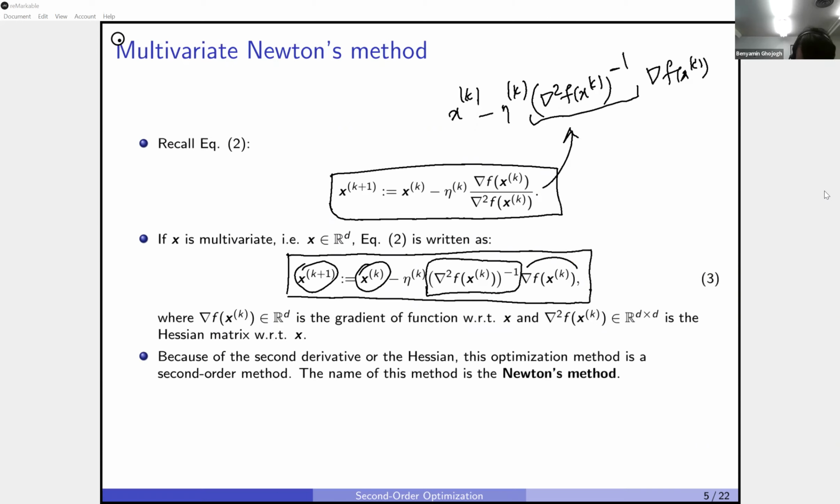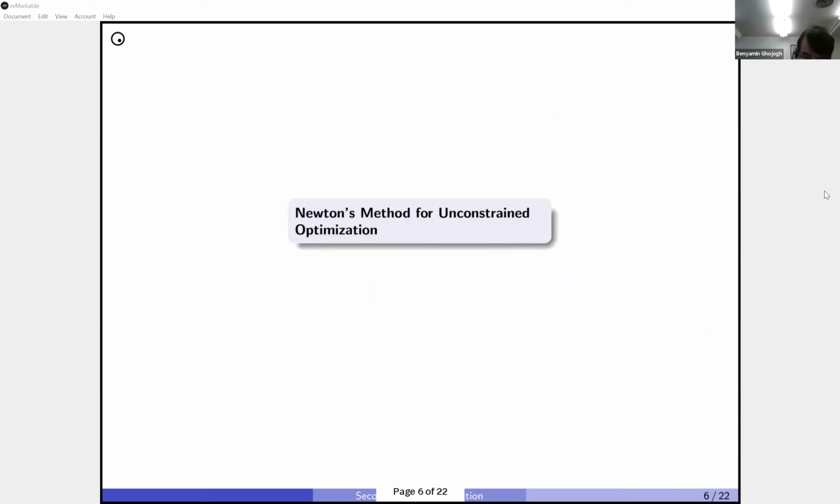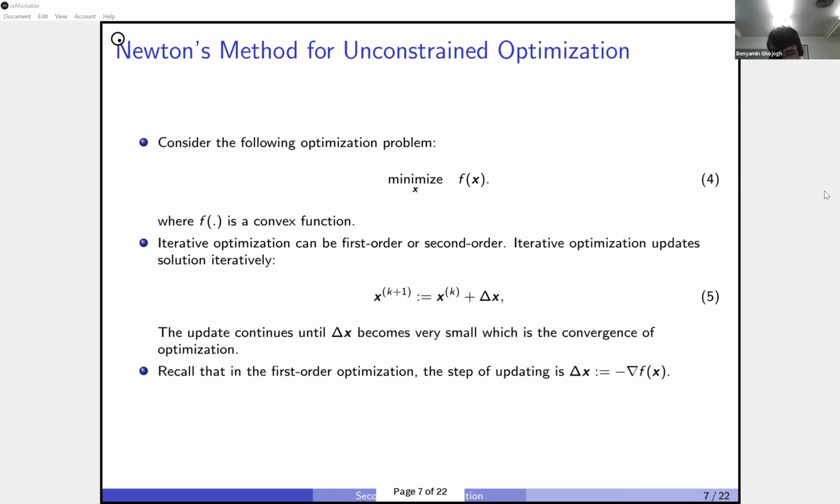And now, briefly let's talk about Newton's method for unconstrained optimization. We already derived that, but now let's justify and analyze it a little. So minimize f of x with respect to x. Assume f is a convex function. By the way, gradient descent and Newton's method all start by assuming that the function is convex. But when the function is not convex, they also work well in practice.